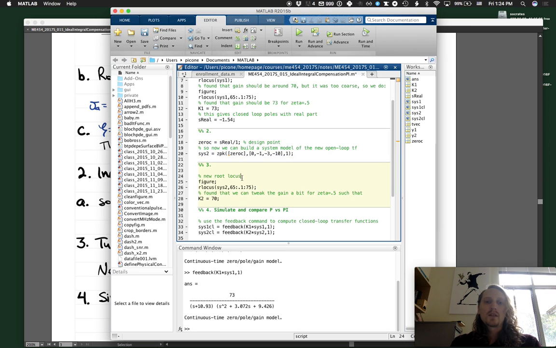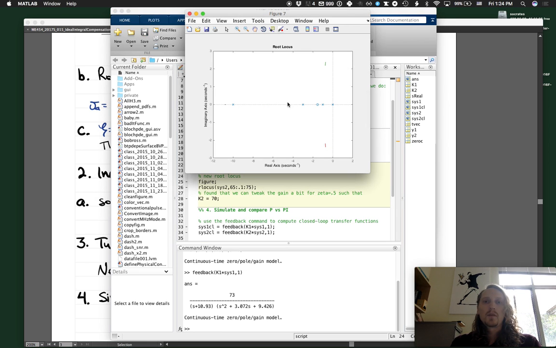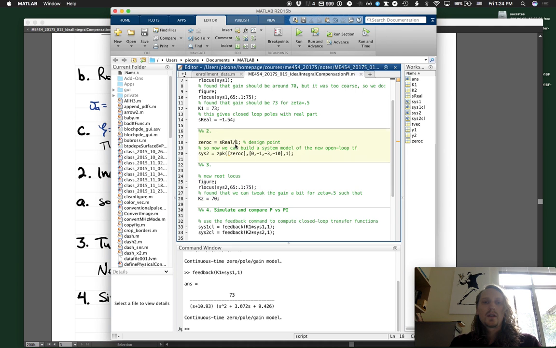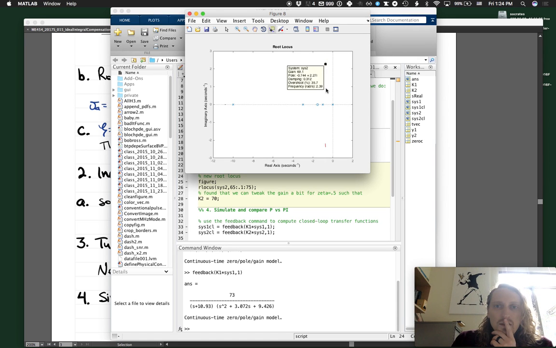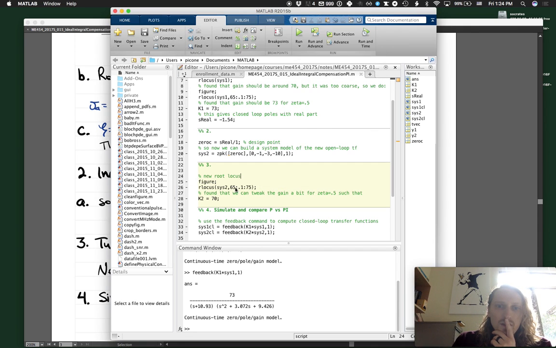Now we're expecting that we're going to be moving this thing around quite a bit. Okay, so we're moving things around, but let's see if we can still get our damping. Well, we can't in that range, but it looks like we need to go below 65.